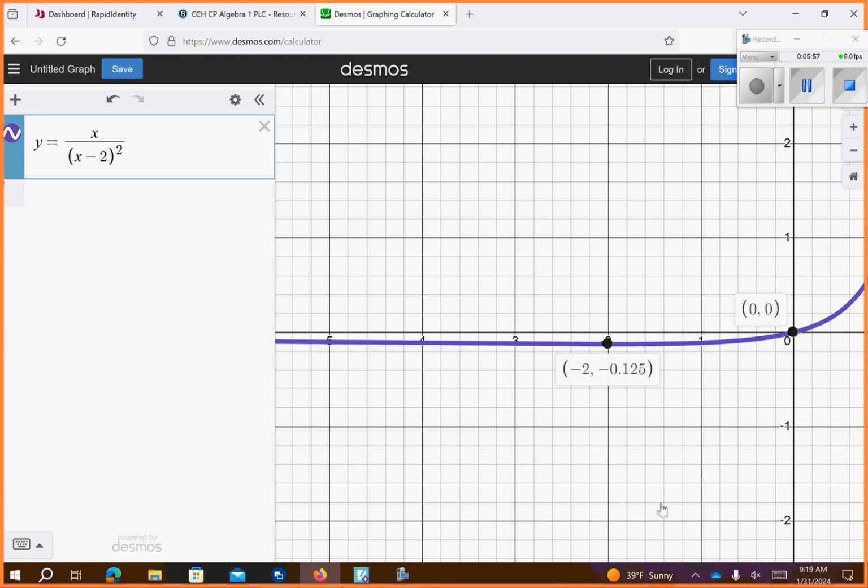And how you can verify if it's going back up, if I go this way and it's getting closer to 0, or if I go this way and this is getting closer to 0, that might make sense. So let's see if we can verify that. Okay, so if I start coming this way, is that getting closer to 0?